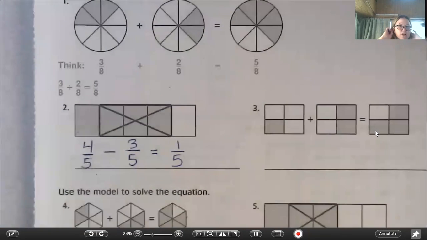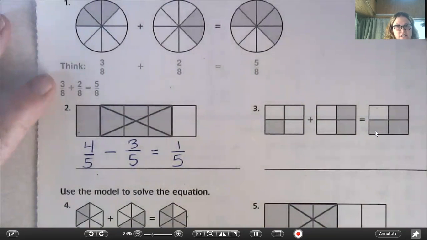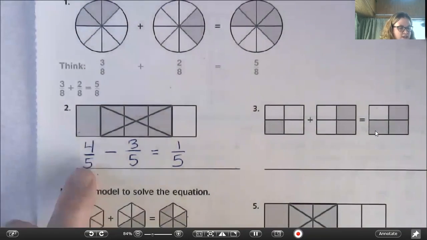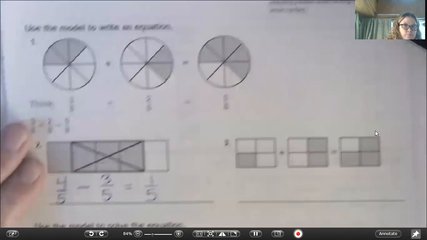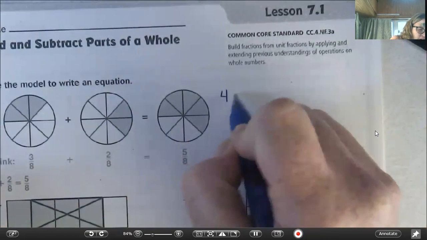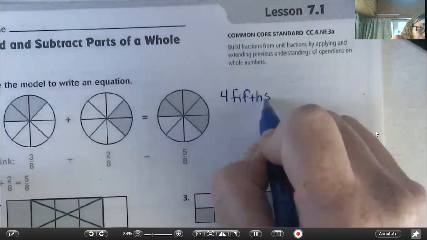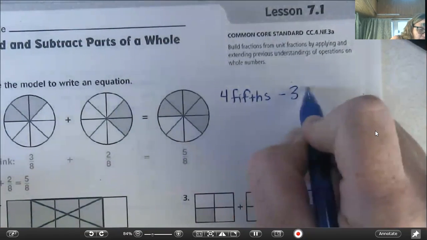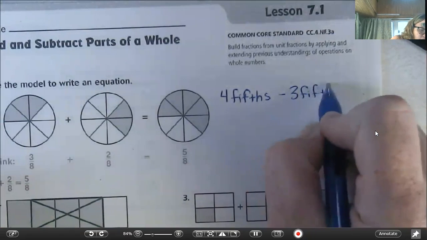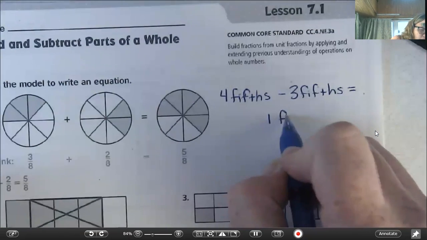Now, also what I want to point out to you is that when you are looking at fractions, the denominator is your label. So I'm going to write it up here. If I have 4/5 minus 3/5, that equals 1/5.